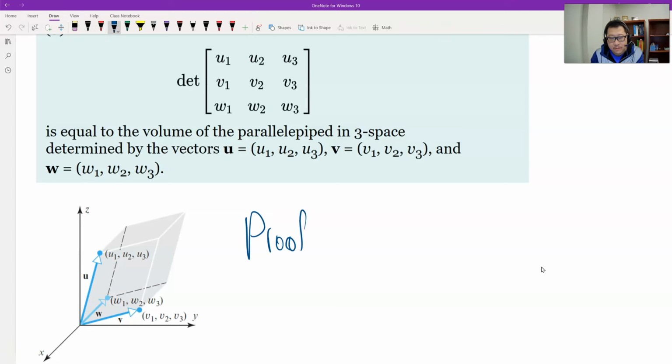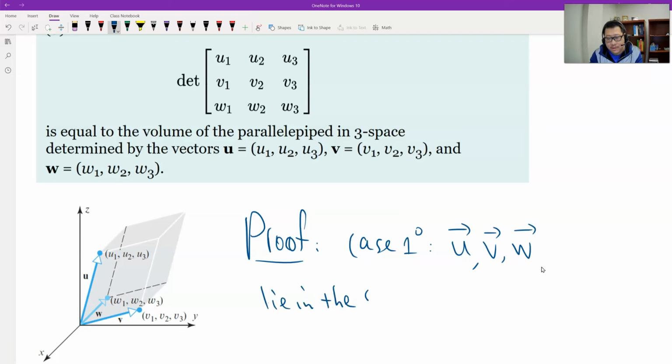Let's prove case 1. Case 1 is vector U, vector V, and vector W lying in the same plane.